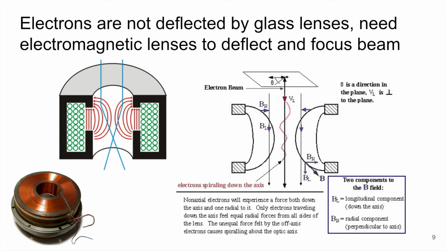So that's the purpose of these: we can manipulate the magnetic field in these lenses to create the beam that we need. And so typically in an SEM, and also in TEM as well, but typically here we would have two of these condenser lenses that would be responsible for decreasing this crossover diameter of the beam.